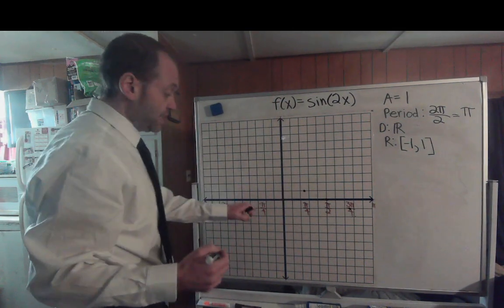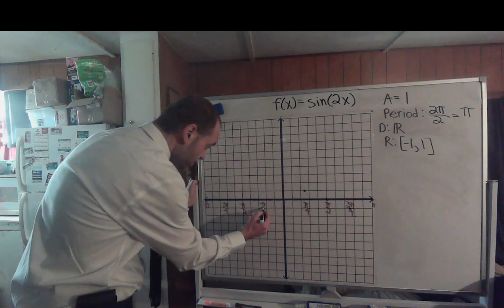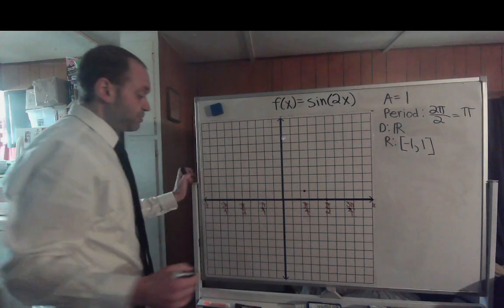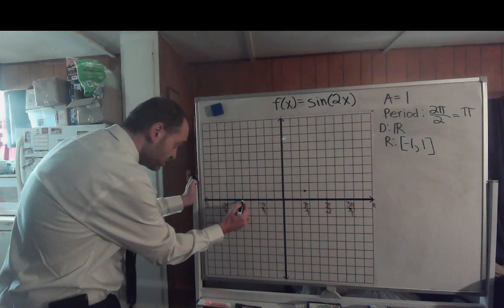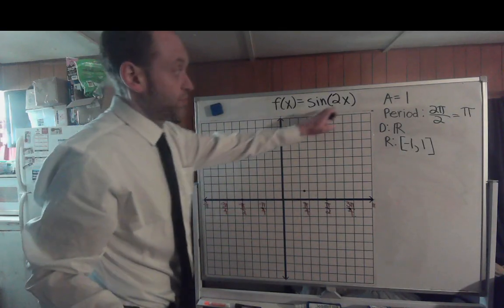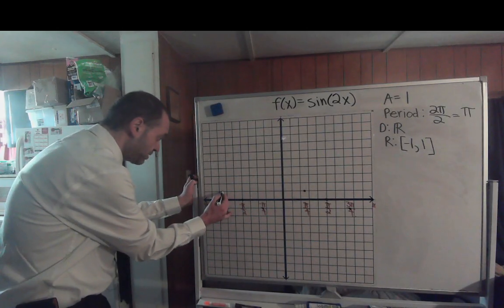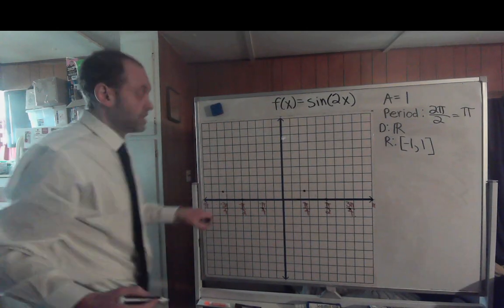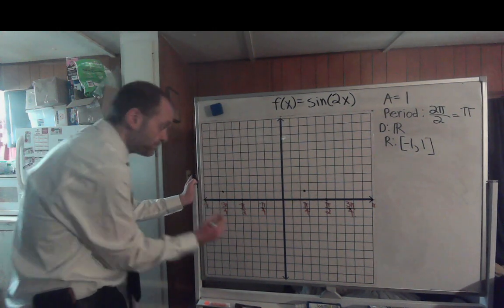Now if I put in negative pi over 4, I'll get the sine of negative pi over 2, which is negative 1. If I put in negative pi over 2, I get the sine of negative pi, which is going to be 0. If I put in negative 3 pi over 4, I'll get the sine of negative 3 pi over 2, which is positive 1. If I put in negative pi, I get the sine of negative 2 pi, which is 0.